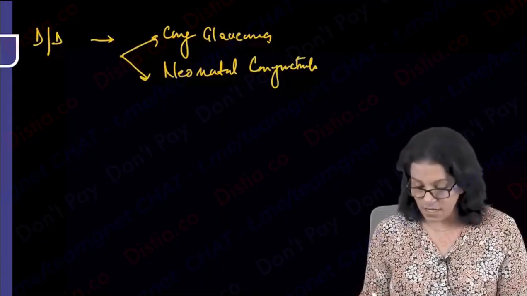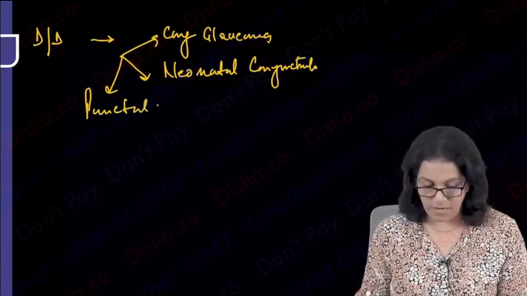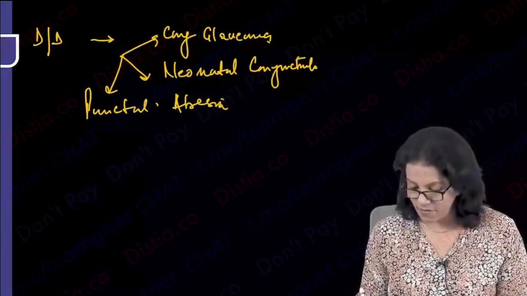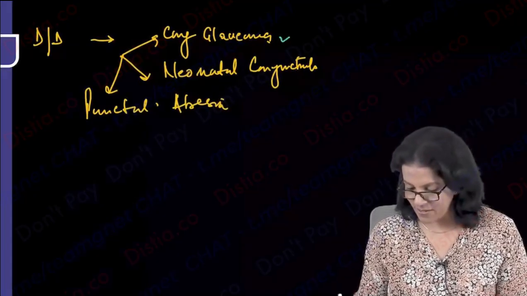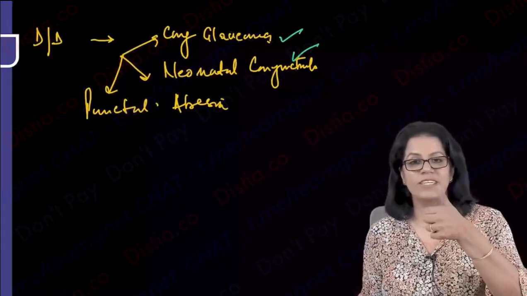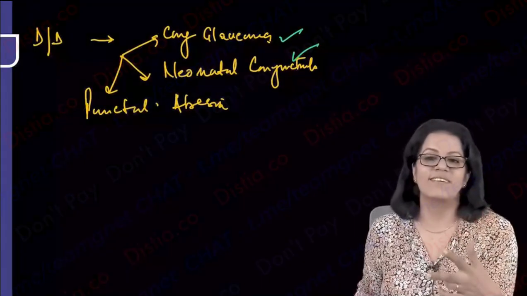And what can be third? It could be just punctal atresia, congenital punctal atresia. Even if you don't want to learn this, I am okay with that, but these two are very important, okay? You should know the DD of watering as NLD obstruction, congenital glaucoma and neonatal conjunctivitis.